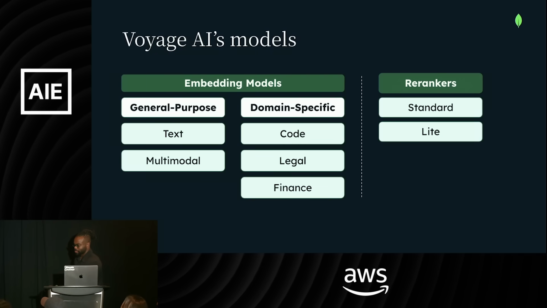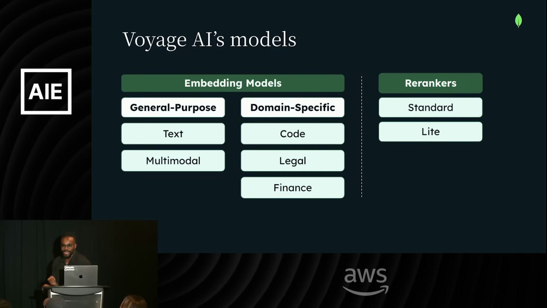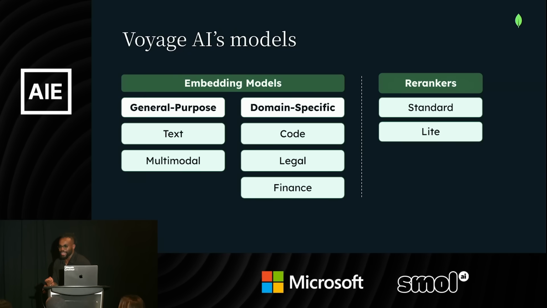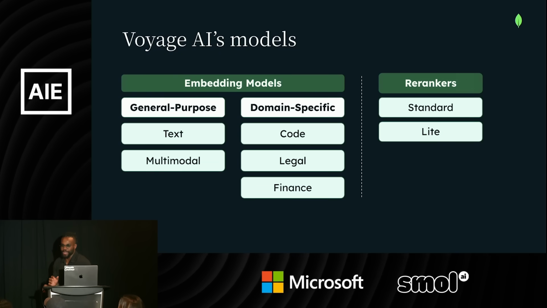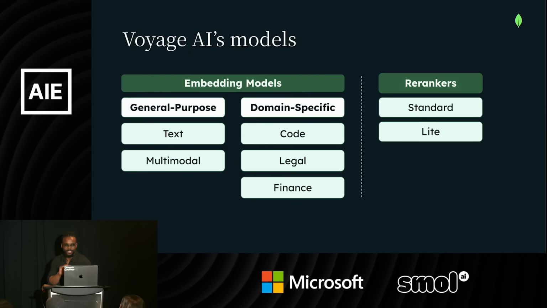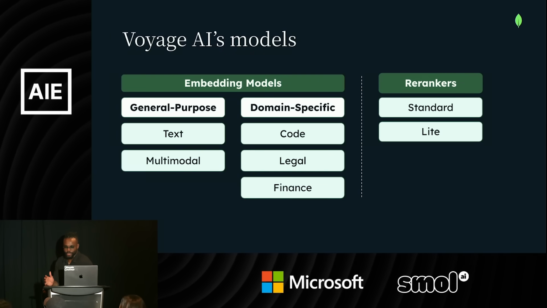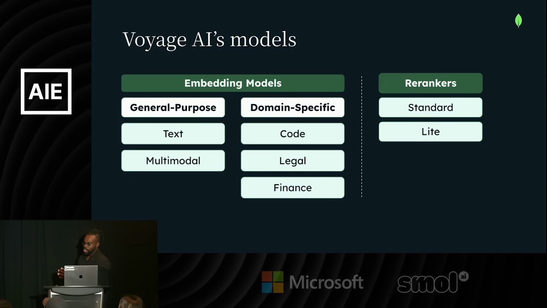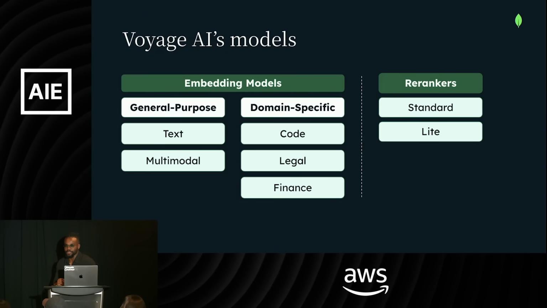So we really understand the importance of managing data and managing memory, and that's why earlier this year we acquired Voyage AI. They create the best, no offense OpenAI, embedding models in the market today. Voyage AI embedding models: we have text, multimodal, we have re-rankers.